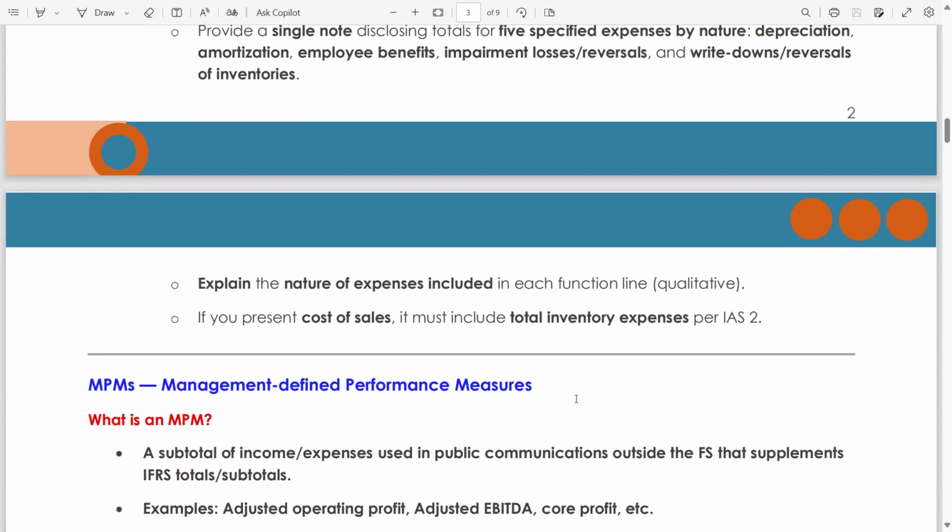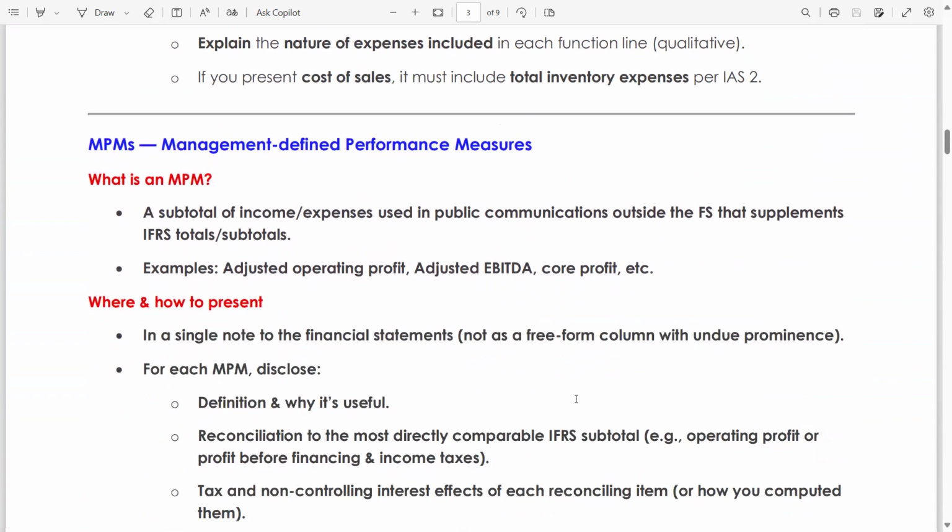Explain the nature of expenses included in each function, qualitatively. If you present cost of sales, it must include total inventory expenses as per IAS 2.